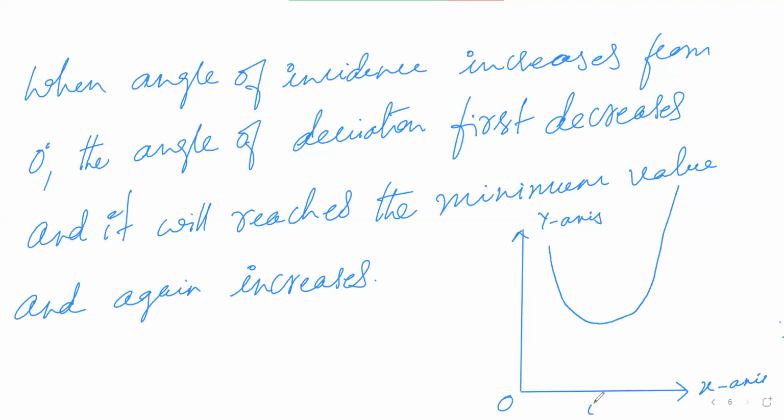So x-axis is taken as angle of incidence, and y-axis is taken as angle of deviation D. So you can see the graph here. You can use the scale and make it straight.